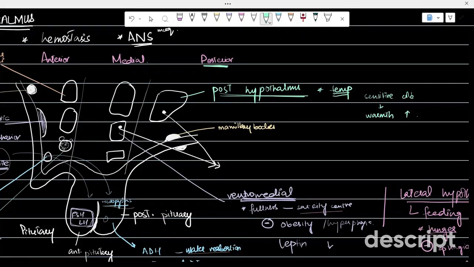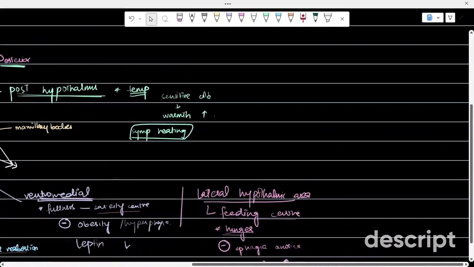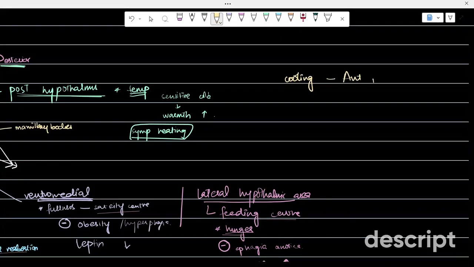So the heating or the sympathetic heating is controlled by posterior hypothalamus. On the contrary, the cooling effect will be by the anterior nucleus. So the posterior nucleus was responsible for heating. Anterior nucleus will be responsible for cooling, which means it's sensitive to warmth.